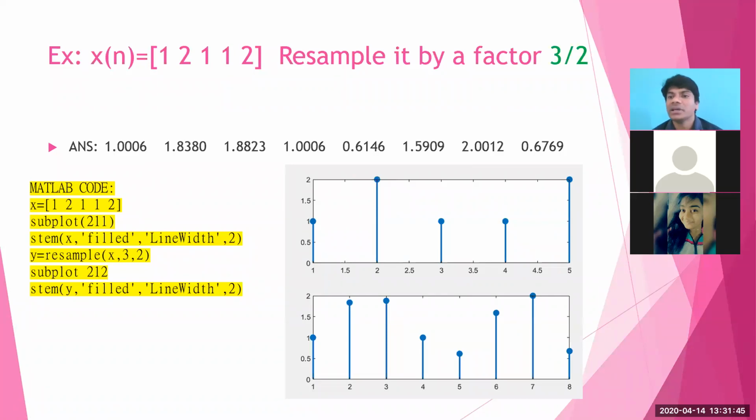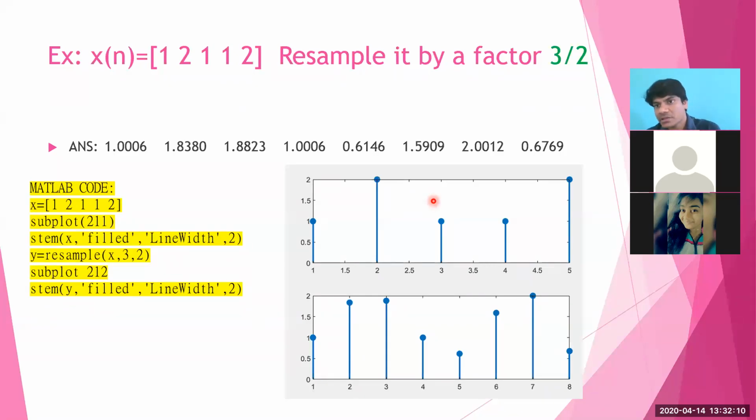Now what's happening here, is decimation occurring or is interpolation happening? If you look at these two diagrams, the first one where I am pointing the laser pointer has 5 samples.